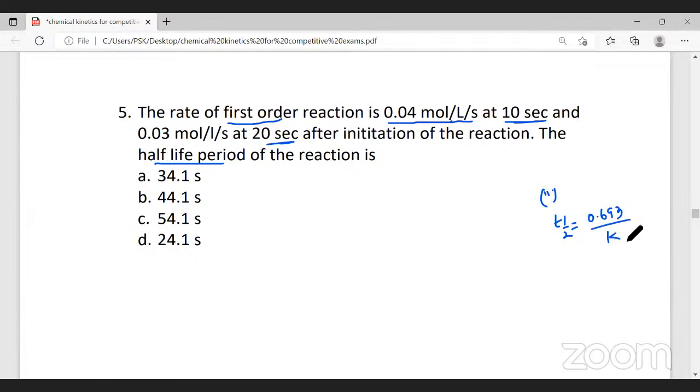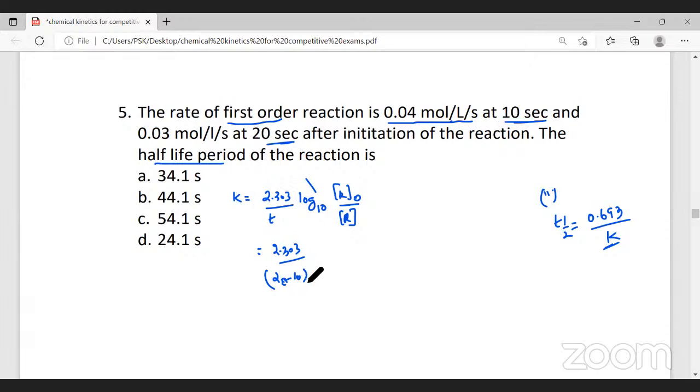Now we need to find the rate constant. They have given the other values. For a first order reaction, K is equal to 2.303 by T log to the base 10 of R naught by R. Time will be 20 minus 10, the change in time: final is 20 seconds, initial is 10 seconds.